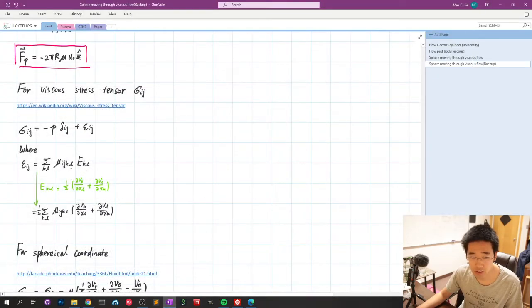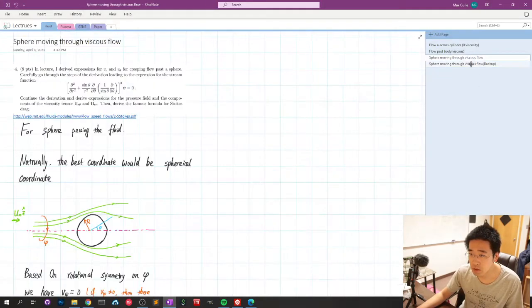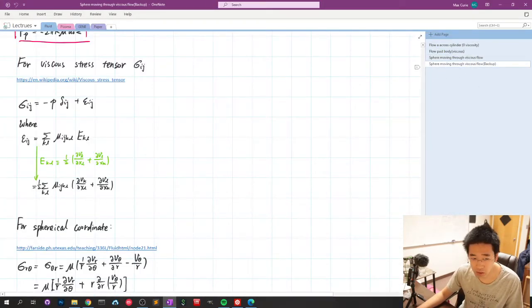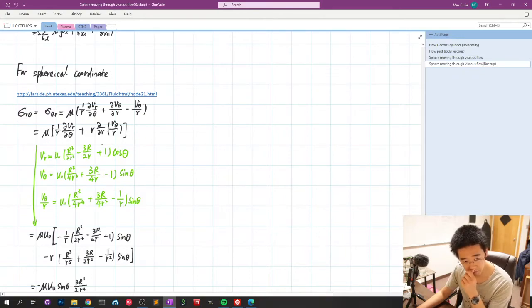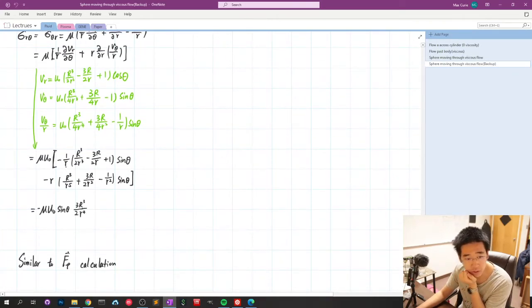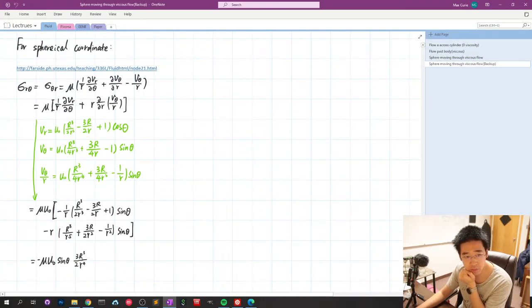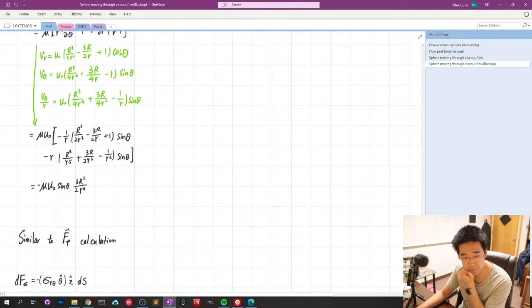It's equivalent, and we just substitute V r and V theta, and a lot of them cancel out. We ended up with this expression for sigma r theta, sigma theta r.